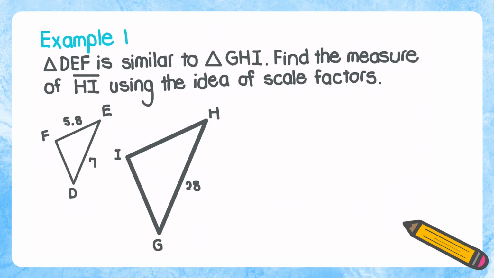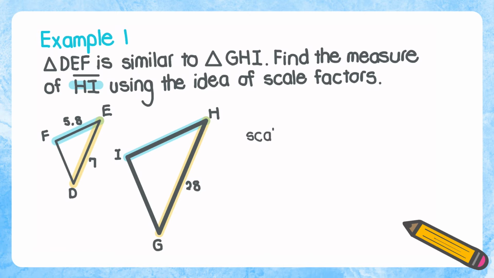We are asked to find the measure of side HI. That's this side right here. Notice how we have a corresponding side, side EF. So these are corresponding sides of each other. And we're also given another pair of corresponding sides right here, side HG and side EZ.